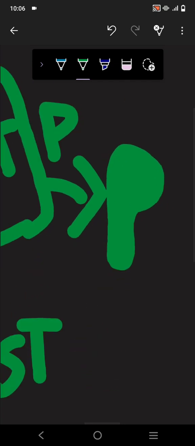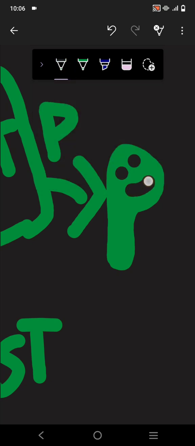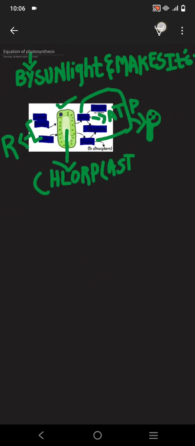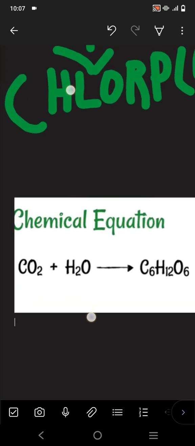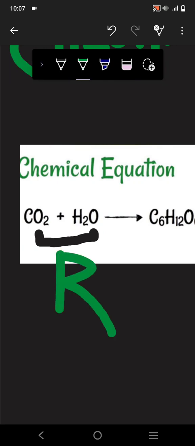Now I'm going to share the picture so that the equation is clear to us. This is the chemical equation of photosynthesis. Here, as you can see, these two are the reactants.